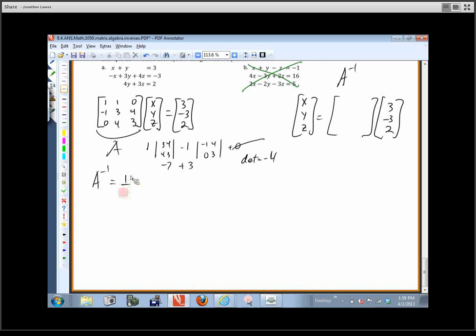So that means we've got 1 over negative 4. We've got to find the matrix of cofactors and then transpose that. Okay, I'm going to give you like a 10-second head start on each one of them, and then I'll write down the number that goes there.